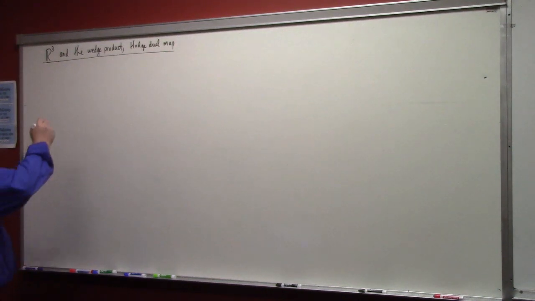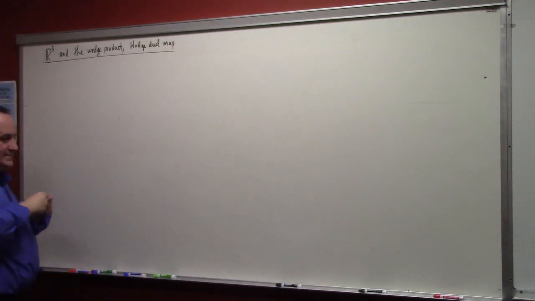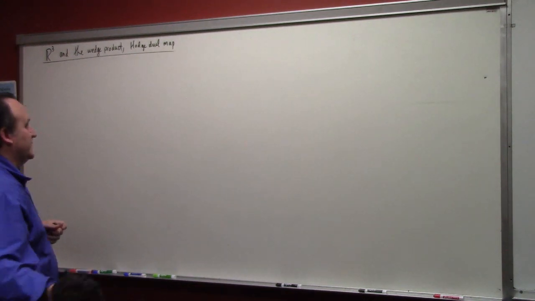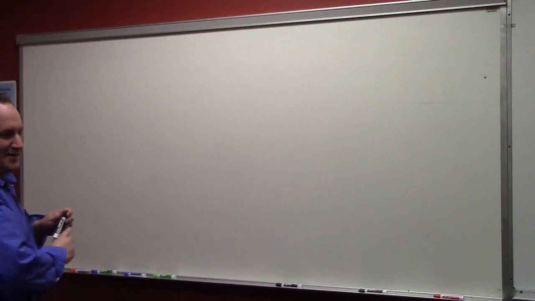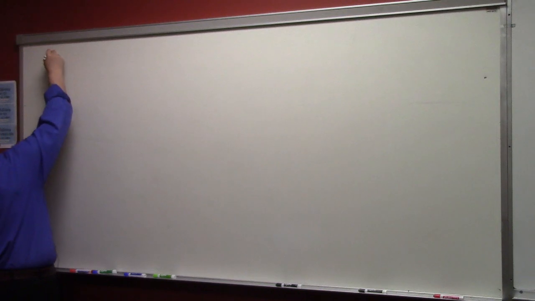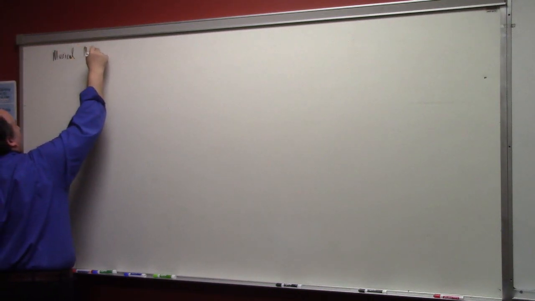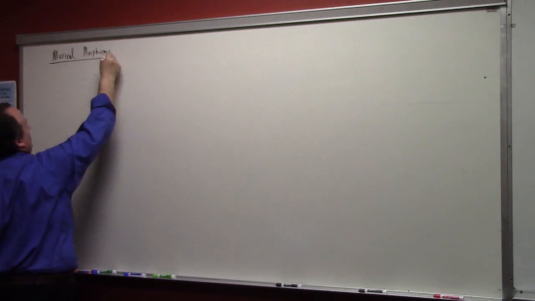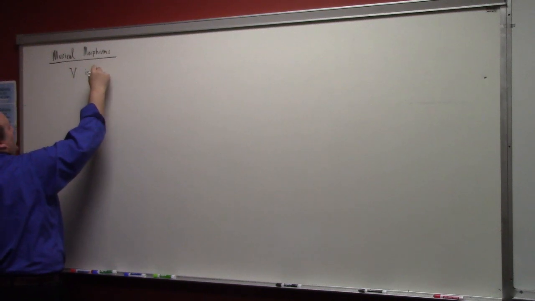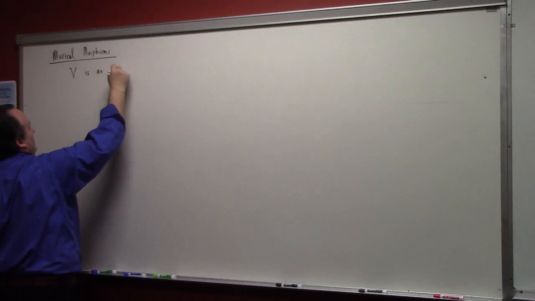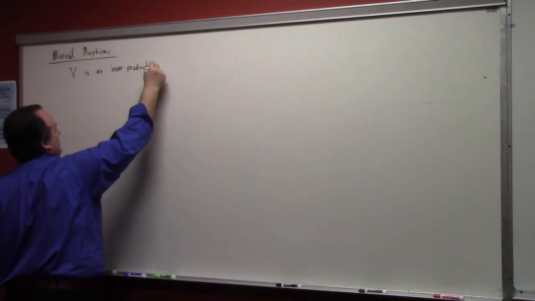All right, the musical morphisms, it's just a stupid pun like everything else. Let me try to talk about it. So suppose V is an inner product space, or I don't even need to say that much.